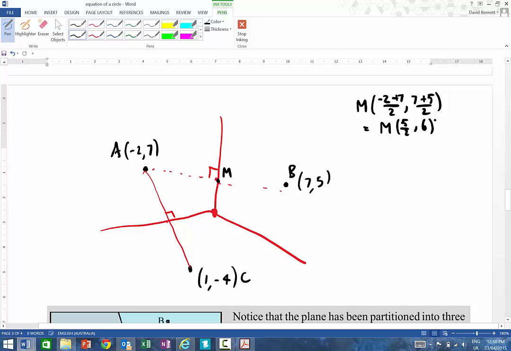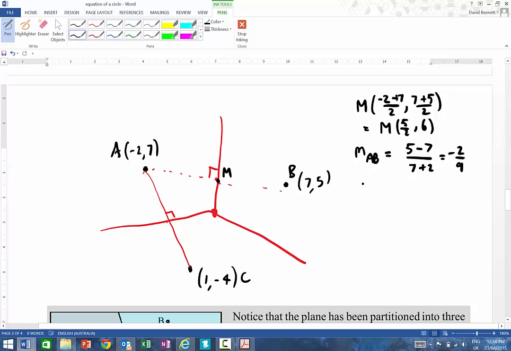So that's the midpoint. If we find the slope of the line AB, that's simply the change in y over the change in x. That's going to be 5 take 7 all over 7 take negative 2, which is plus 2. So that will give me a value of negative 2 on 9.